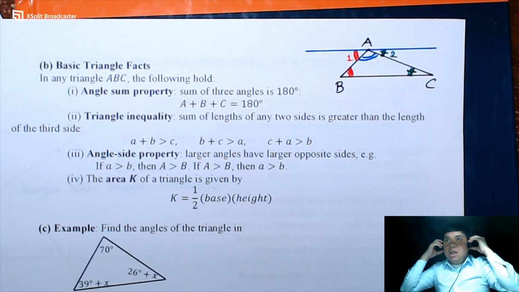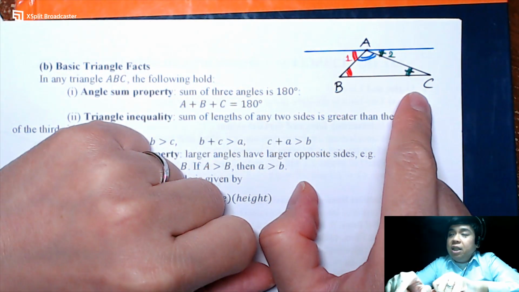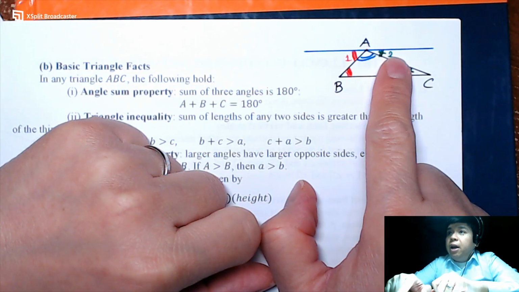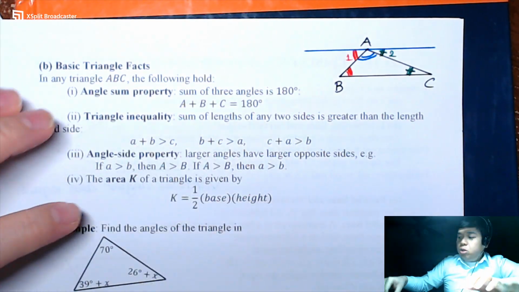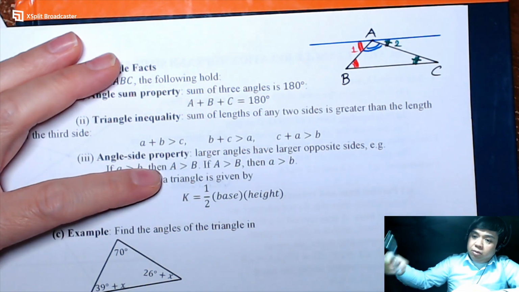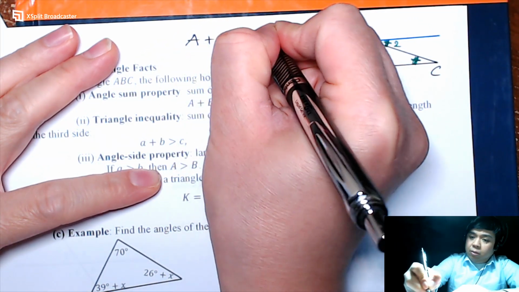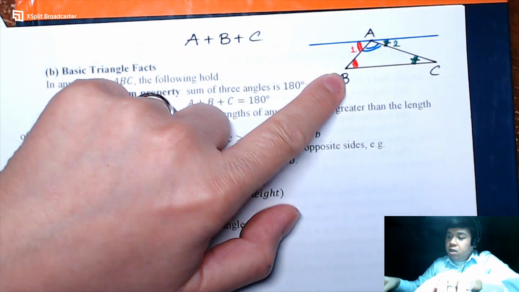Right? So angle B is equal to angle A1. Angle C is equal to angle A2. Notice that. So in that case, we will say A plus B plus C, angle B is equal to A2.